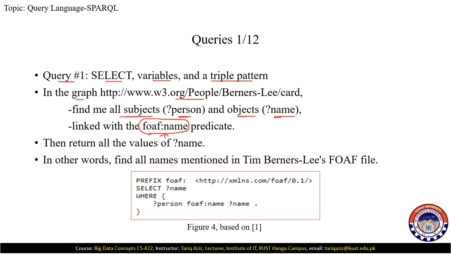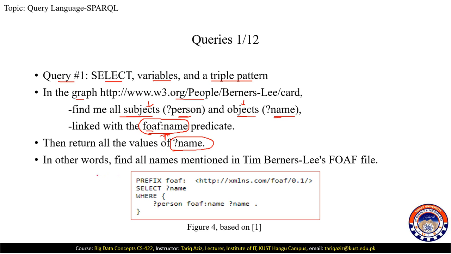If you have to represent the predicate, this is the format: the dataset prefix, then colon, then name. The subject and object are linked with the help of this predicate. Now, dear students, the value this query will return is question mark name, because we need the names. So this query will return all the names.